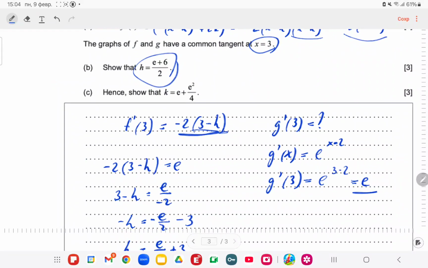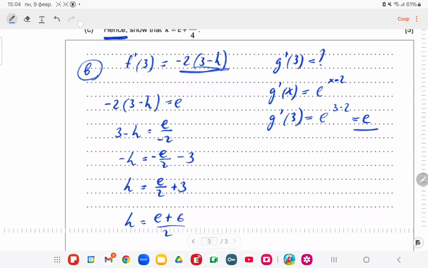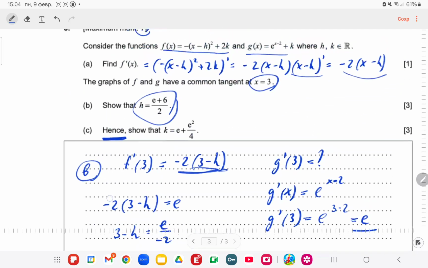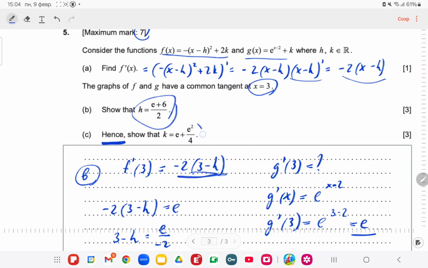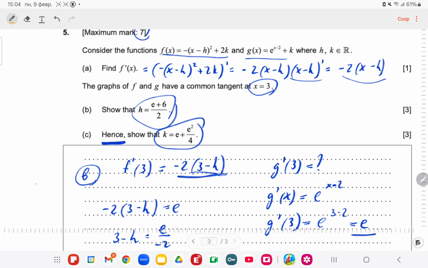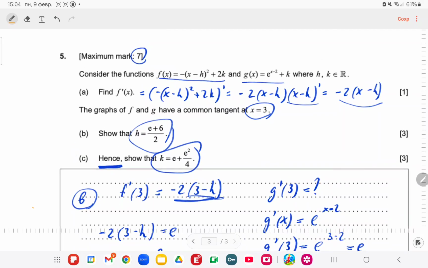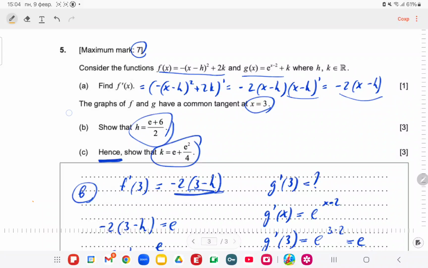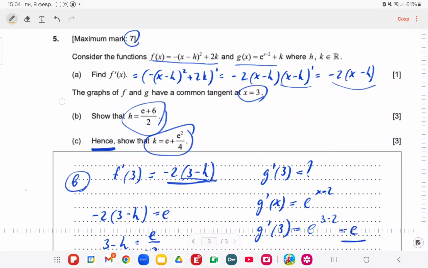So part B finished. Okay, and in part C it says hence. It means that using this value, hence show that k is equal to that expression. Okay, how to do it, guys? We have to use any function here. So we can use f of x, plug the h value here, and then express the value of k, right?